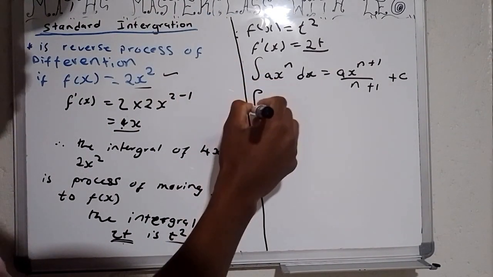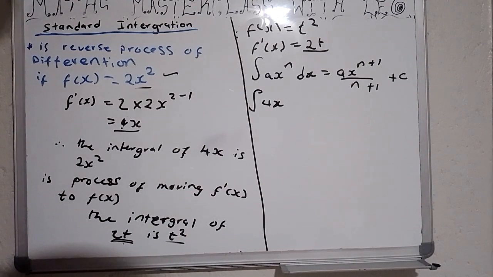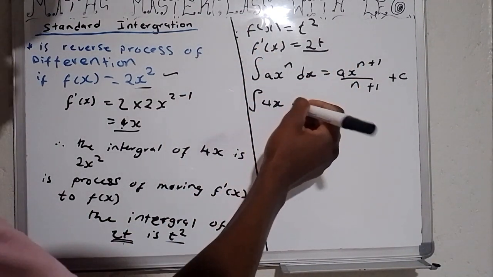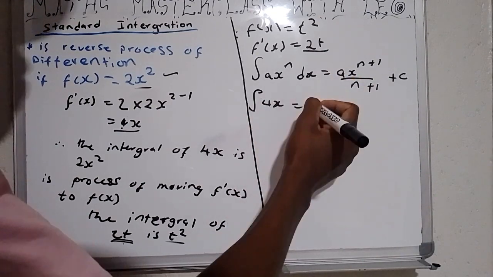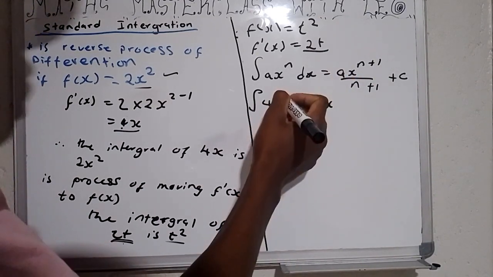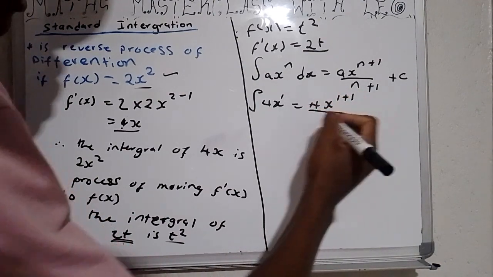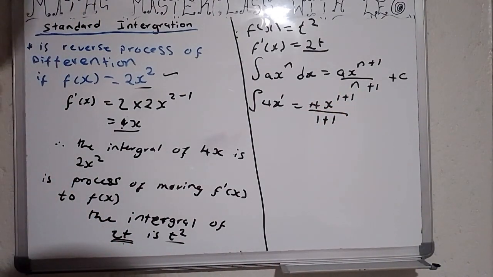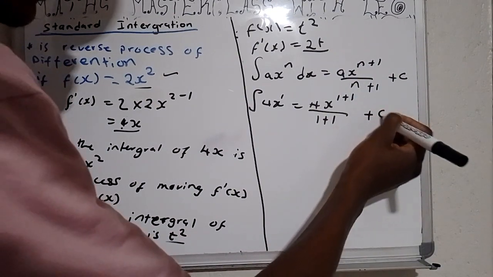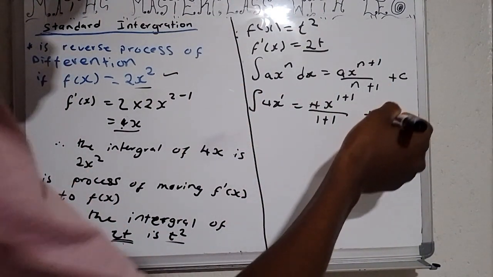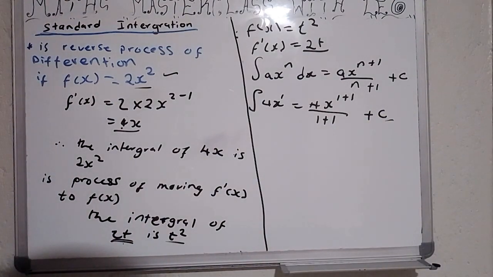Let's say the integral of 4x. What is the integral of 4x? If I write it in terms of this, I'm going to have 4x to the power 1, so it means 1 plus 1 divided by 1 plus 1, right? Not forgetting c. Always when you integrate, don't forget to put that c, that arbitrary constant.